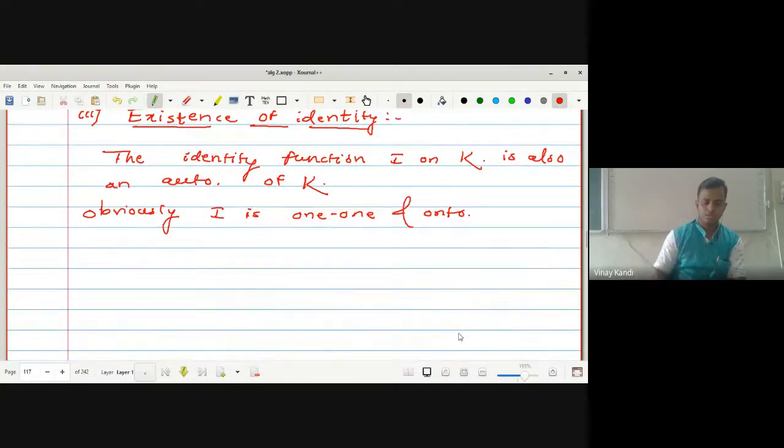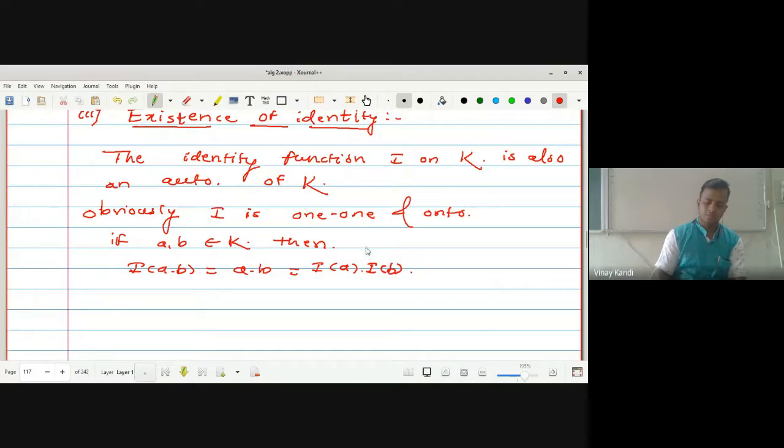Now we have to show that I of A into B is equal to I of A into I of B, and I of A plus B is equal to I of A plus I of B. If A and B are two elements of the field K, then I of A into B is equal to AB by the definition of I. What is A? It is I of A. What is B?